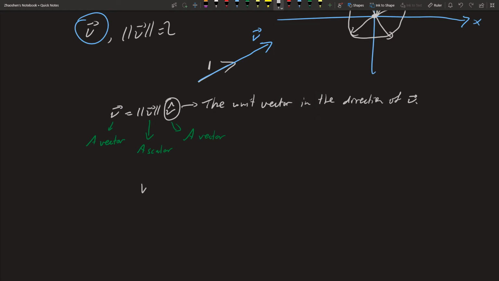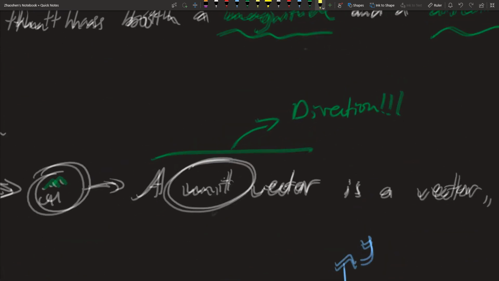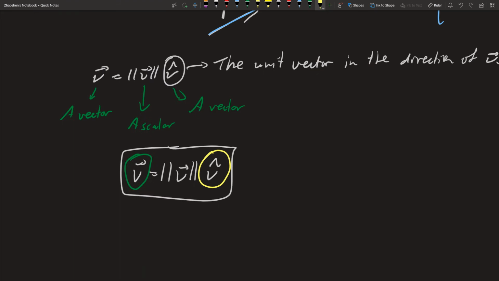Let me just write it again because it is very important. This is the equation that we take home today. This means that you want to create a vector in the same direction as this unit vector, since a unit vector means a direction, but you scale that vector in that direction by some amount.